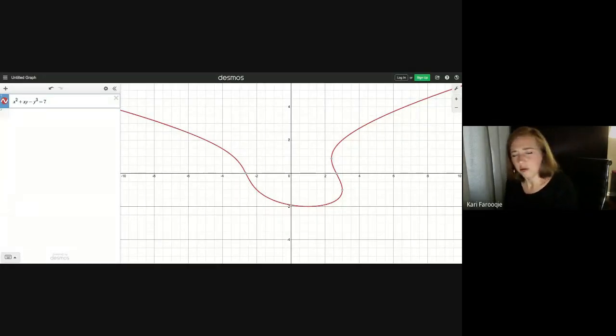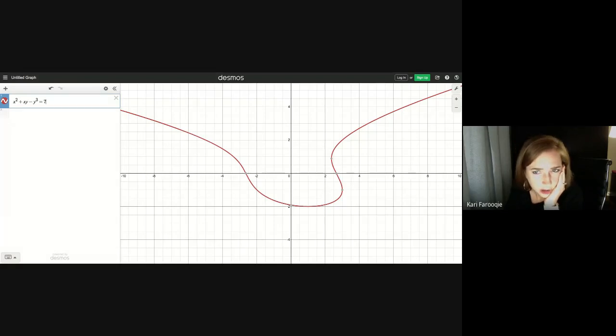Okay. So if you Google Desmos, D-E-S-M-O-S, when you Google it, it comes up with a few different options. I would select graphing calculator, and that's how I got here. I don't know what actually happens if you just go to desmos.com.